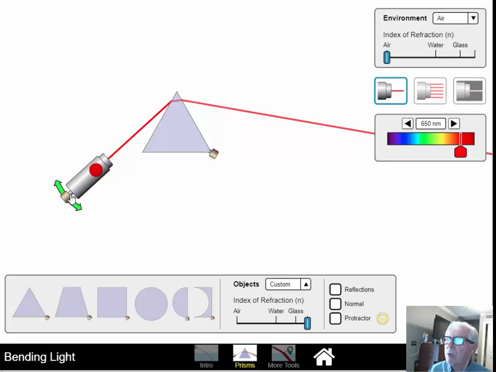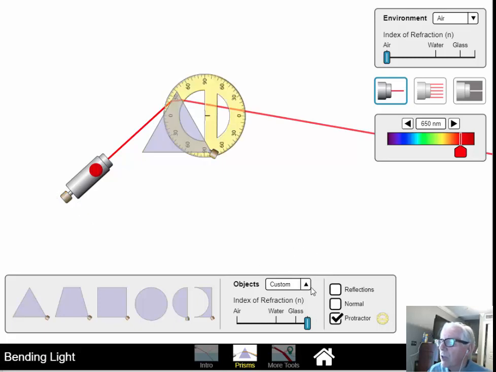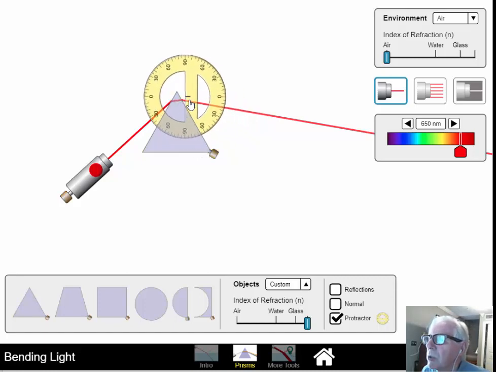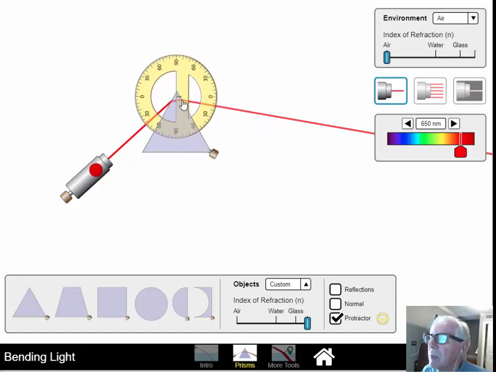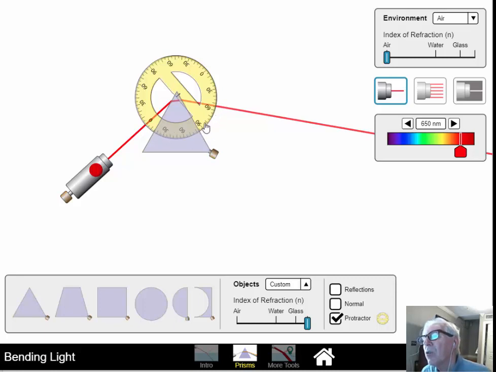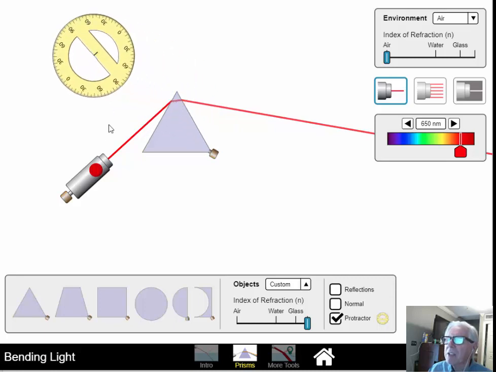Let's get the protractor and put it on. I'm going to point to where I think it's going to be and then turn it around. So that angle of deviation is something like 125 degrees between the incoming and the outgoing.